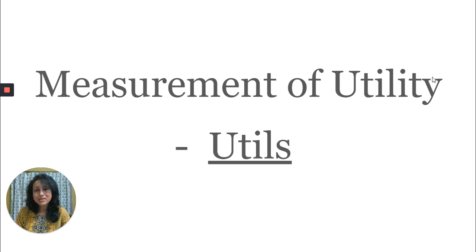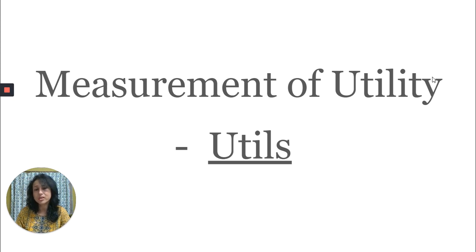So all this time I have been using the word util, which is simply a unit of utility. We can measure weight of a commodity, say measured in kg. We can measure height. Similarly, we can go to cardinality theory.